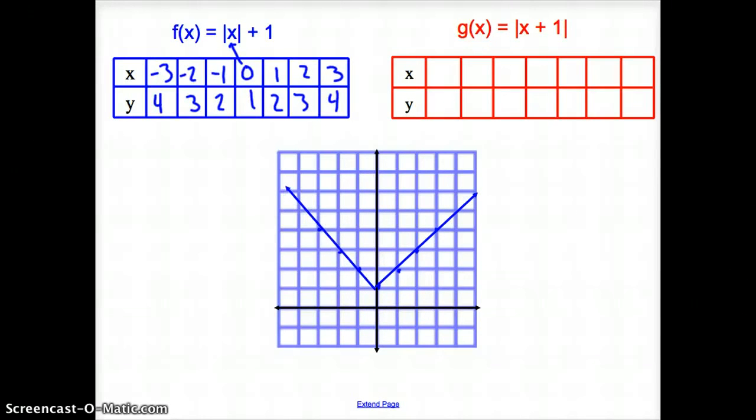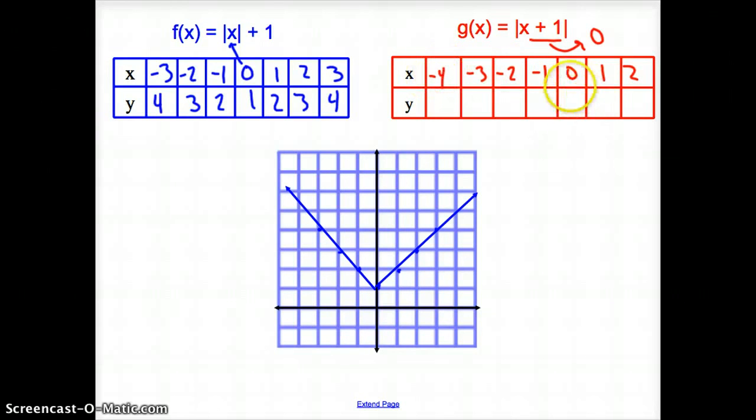Now be careful though with this red guy, because notice how we have x plus 1 in there. We want this whole guy to be what? We want it to be 0. What do we have to put in for x to make this 0? It would be negative 1. So now we're going to start at negative 1 and move up and then move down. So we move up to 0, 1, and 2, and then we move down negative 2, -3, -4.